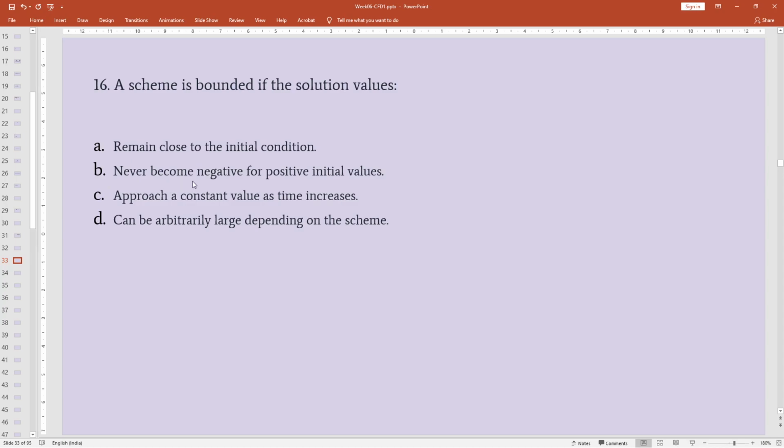Option B, never become negative for positive initial values. Option C, approach a constant value as time increases. Option D, can be arbitrarily large depending on the scheme. I have explained what boundedness is, so you can now easily answer the question. Please inbox your answers.